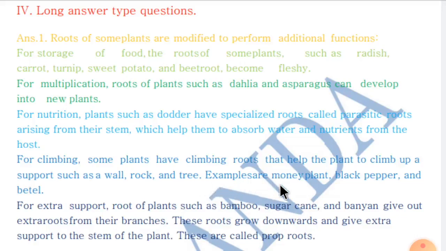Examples are money plants, black pepper, and betel. And for extra support, roots of plants such as bamboo, sugarcane, and banyan give out extra roots from their branches. These roots grow downwards and give extra support to the stem of the plant. These are called prop roots. That's the same thing you have learned in short question answer second one.